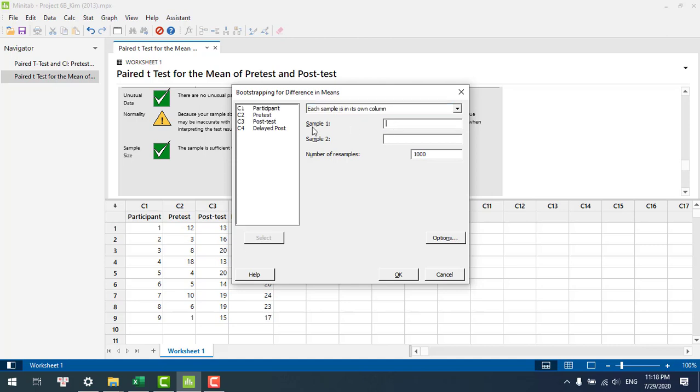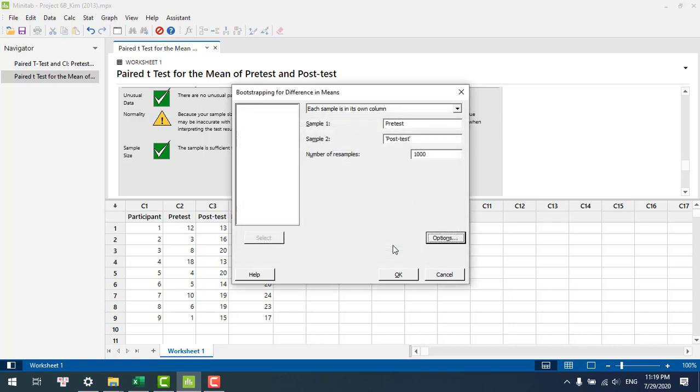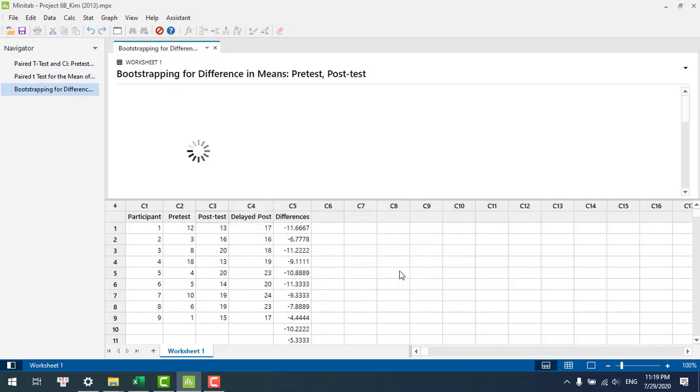Sample 1 is the pretest, sample 2 is the post-test, and we want 1000 resamples. Click Options. Now in this case, you have to make sure that you have the two-sided, because we're comparing whether they're the same or not the same. And let's store the differences in the column. So let's click Store here and click OK, and click OK again.